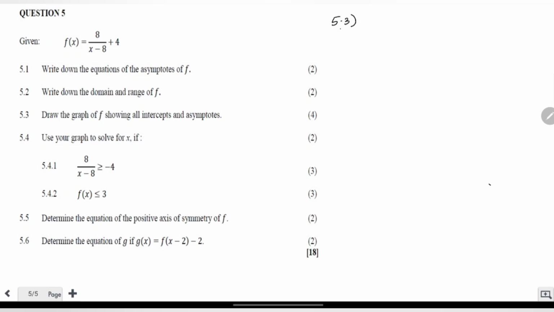5.3. So I have to first find the x-intercept and y-intercept, isn't it? So let me write the equation in terms of y. y is equal to 8 divided by x minus 8 plus 4. Start with the x-intercept. How do you get it? Put y is equal to 0. You can see y here, let me put that as 0. 0 is equal to 8 divided by x minus 8 plus 4.